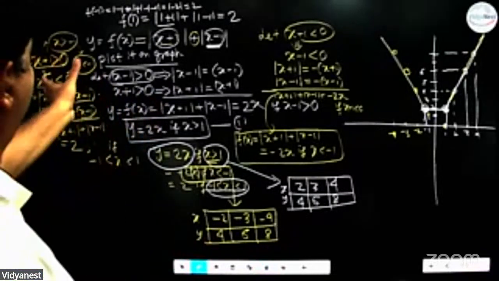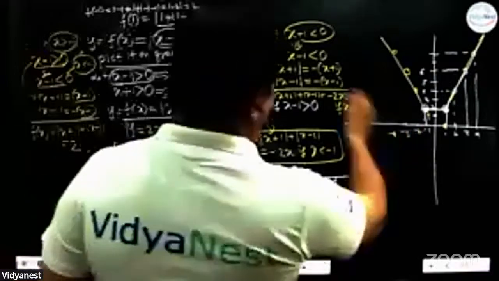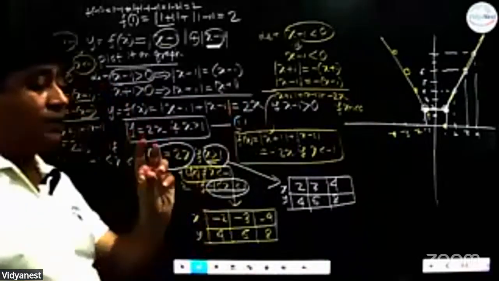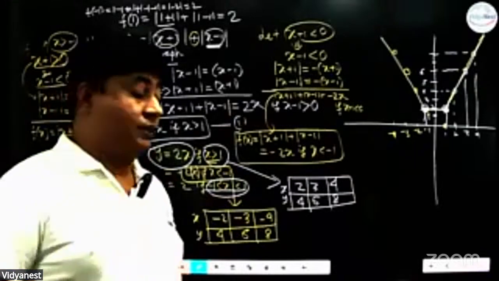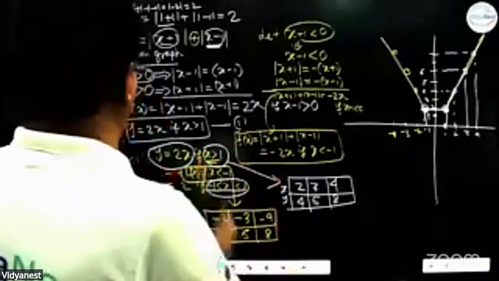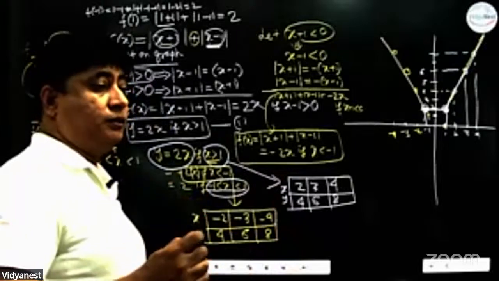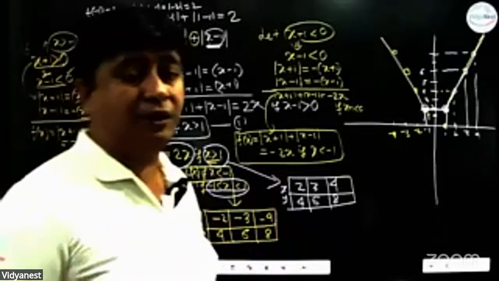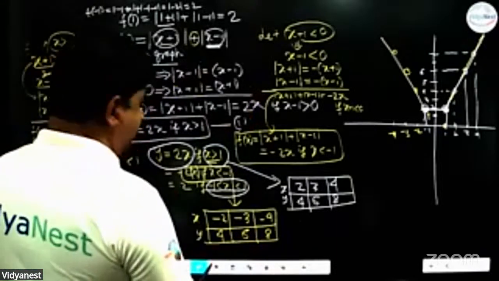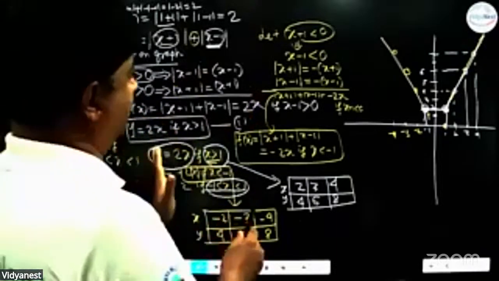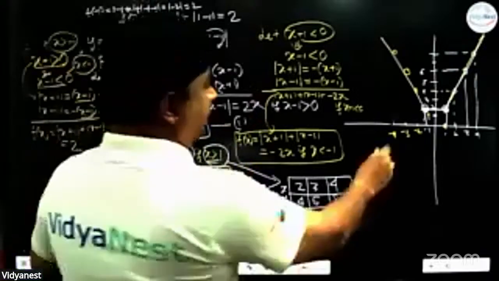So analyzing all this condition, we have got the graph. But it has some shortcut trick. What is that trick? And why the trick is needed? First of all, for time management, the trick is needed. Suppose you have got this, with this shortcut trick, we will try to draw this figure.